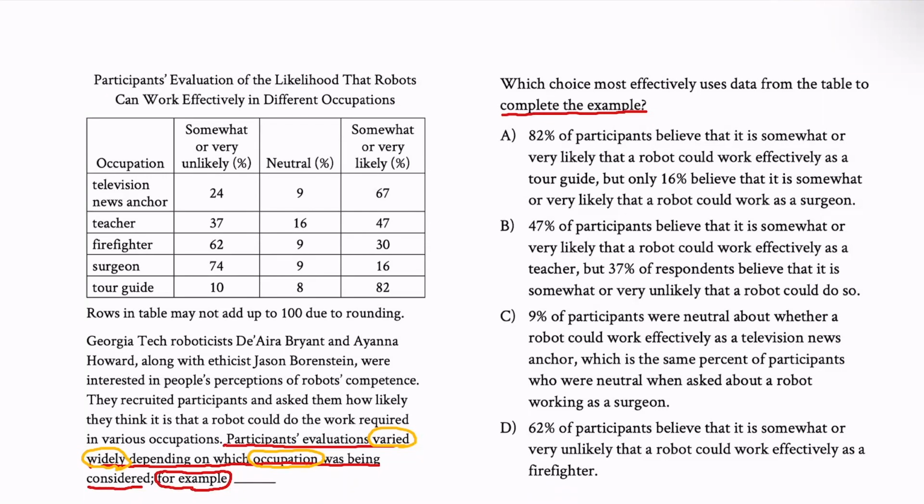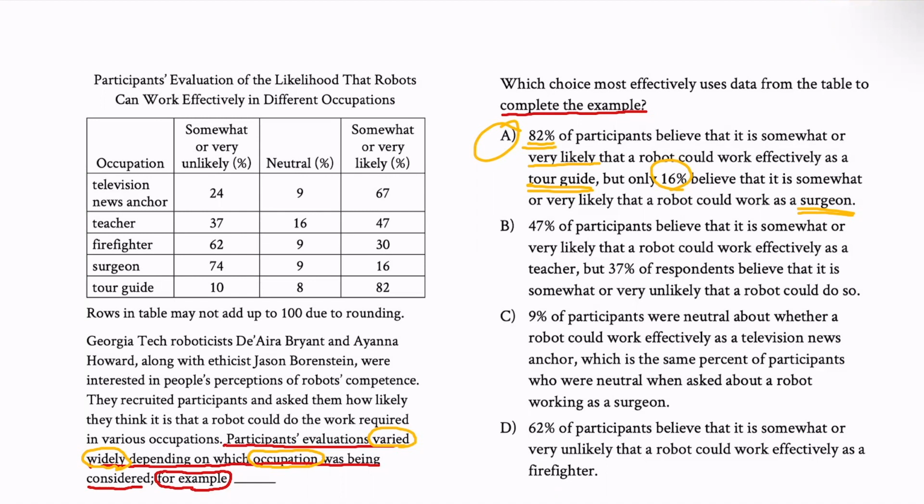Okay, so Leo, why is the first one correct? Because it says 82% believe that it could work effectively as a tour guide. But then it says for a different occupation, for surgeon, only 16%. So it's very different, and also a different occupation.